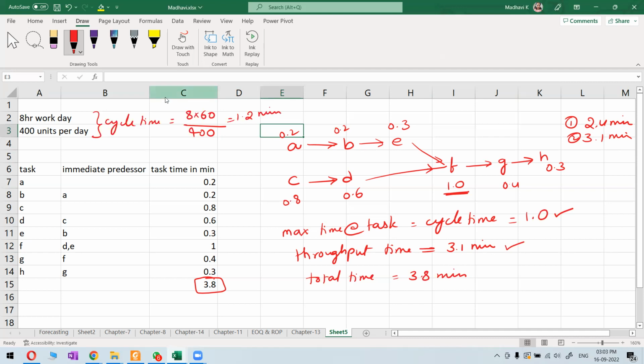Out of these two, 1.2 minutes and 1 minute, we have to consider the maximum value for the cycle time. If every product comes out of the machine in 1.2 minutes, that is enough for us. So why exhaust and bring the next product out in 1 minute? We go along with the demand. So in this example, the cycle time to be considered is 1.2 minutes.